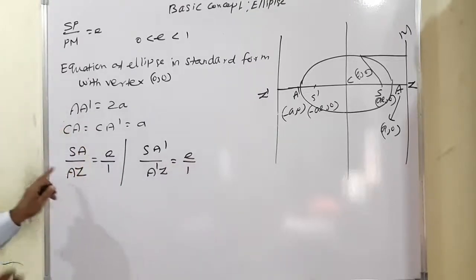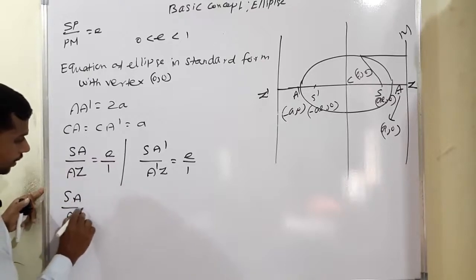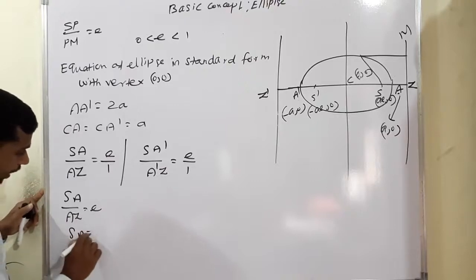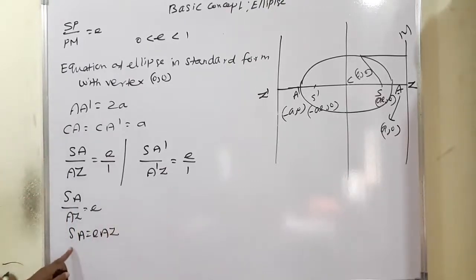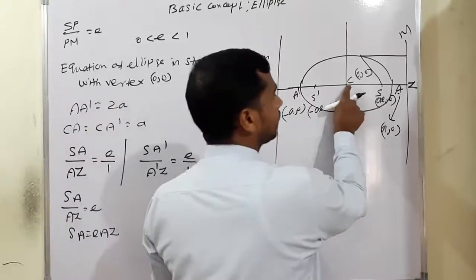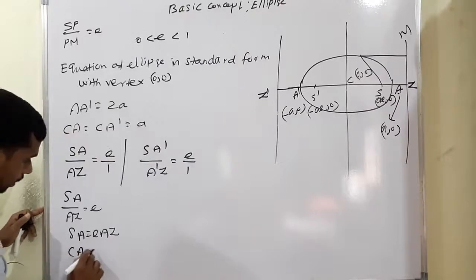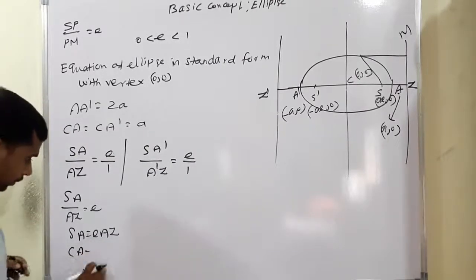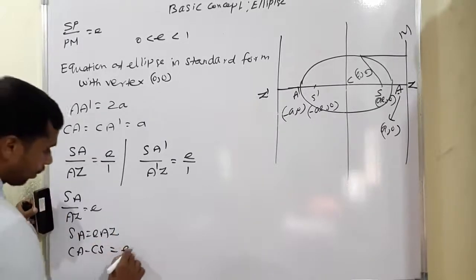If you do the first condition, SA divided by AZ is equal to e, cross multiply, what will happen? SA is equal to e into AZ. Therefore SA means CA minus CS, isn't it? So CA minus CS is equal to e common outside.